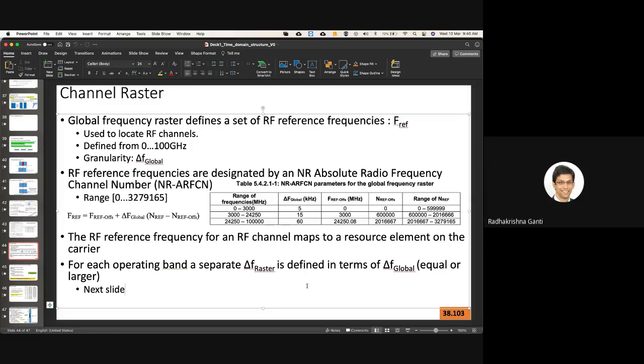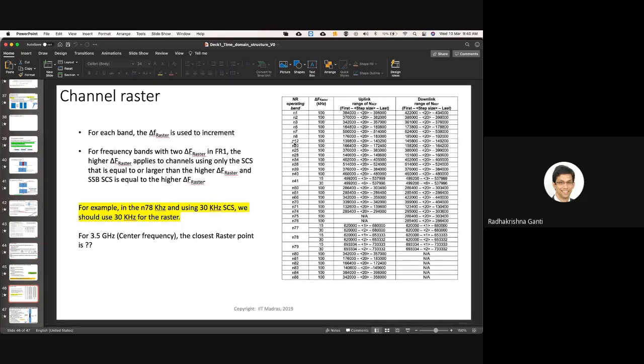So if the primary band is, for example, at 22.8 gigahertz, it will take 5 kilohertz, or actually it will take from this table, based on the band that you give. That is the primary component carrier and the secondary component carrier. Exactly. So it will use this table to find out the raster point.